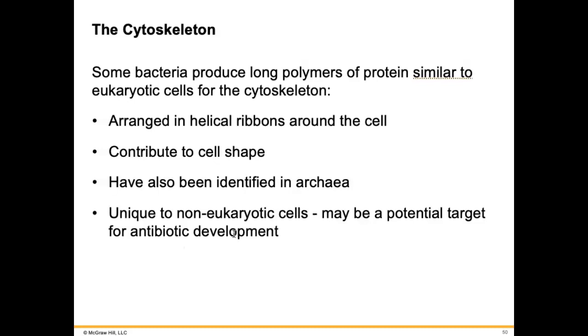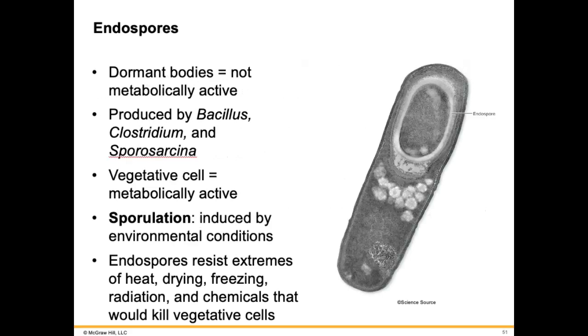So if it's found in non-eukaryotic cells, then we can develop antibiotic treatment that can destroy these cytoskeletons and not have a negative effect on our cells, which is the point of it all.